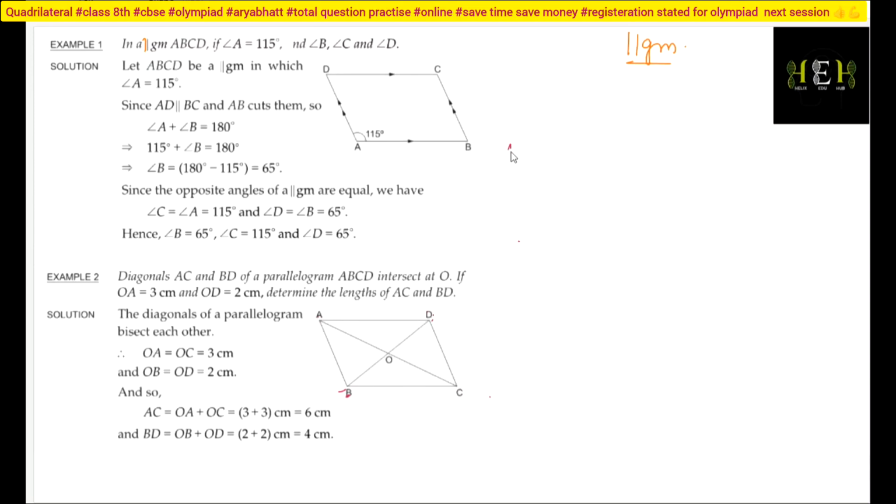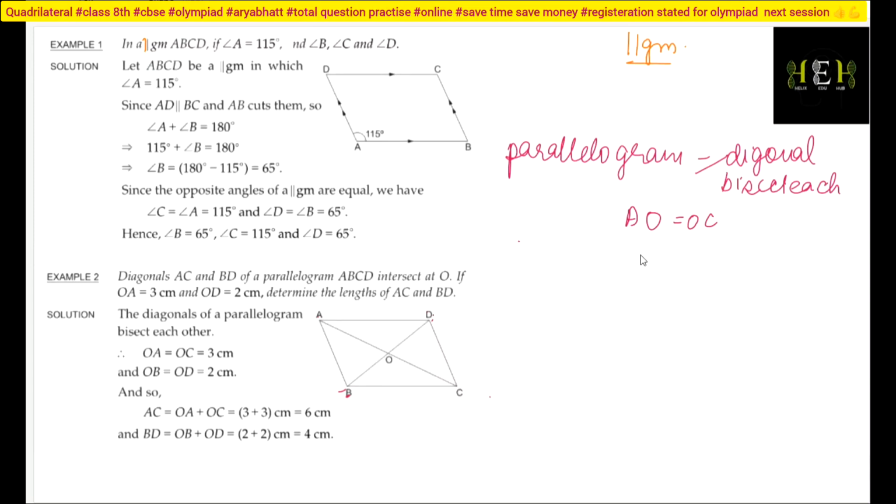Now see, a parallelogram has the property. What is the property? The diagonals bisect each other. So when the diagonals bisect each other, they make equal lengths. So AO is equal to OC, BO is equal to OD, right? Now they have given the lengths OA and OD.